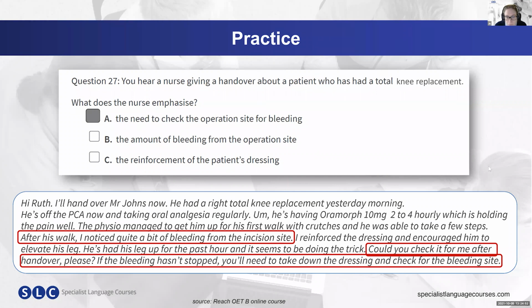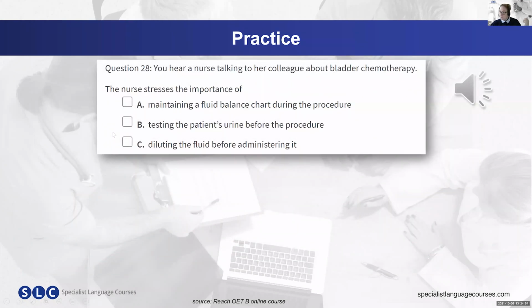Let's do one more. So I'm going to be quiet here. I'm not going to say anything. Use the strategies. Notice the context, the question, and the differences between the options.